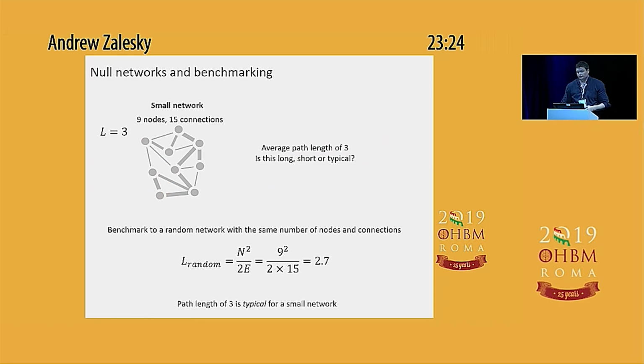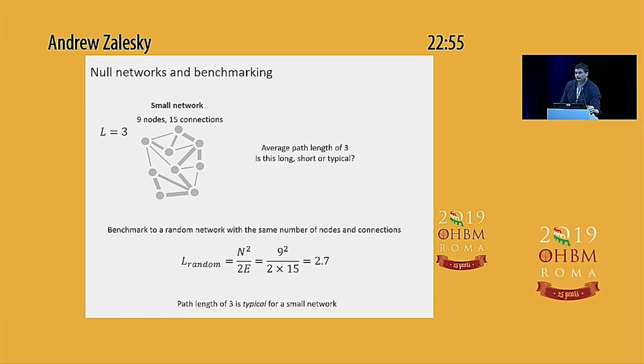One way to do this, we could consider a small network, and benchmark it to a random network comprising 9 nodes and 15 connections. There are analytical formulas that can be used to compute the path length in a random graph. If you're wondering what a random graph is, it's just where we have a group of nodes and we randomly draw connections between pairs of nodes until we reach a desired connection density.